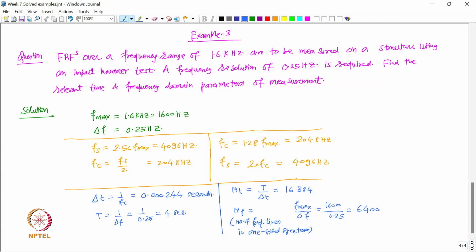So, this is how we can compute all the time and frequency domain parameters. So, this completes the solution of example 3. Let us go to example 4. Let me go to the next page.